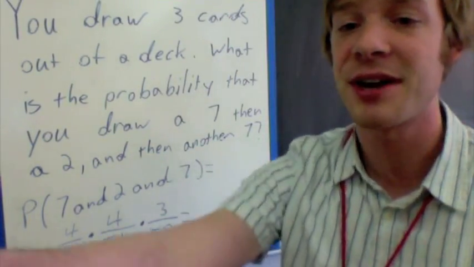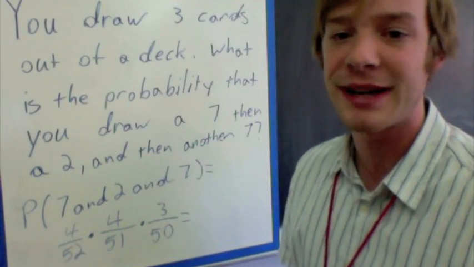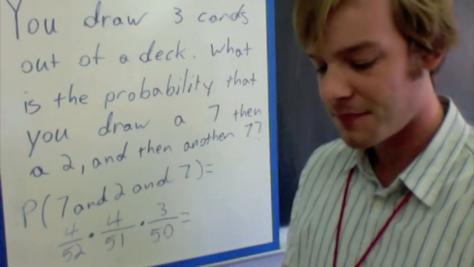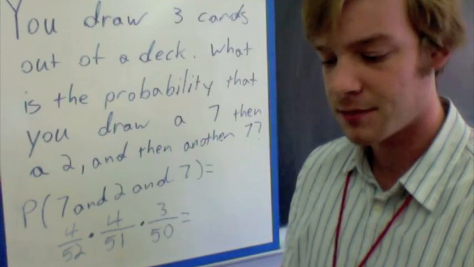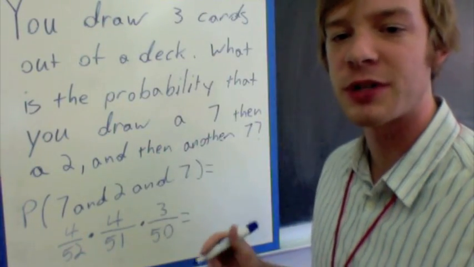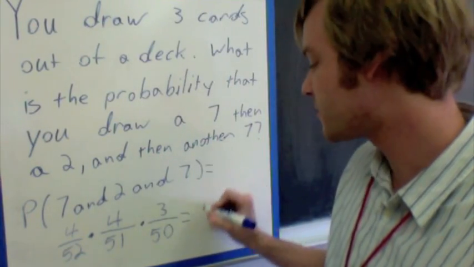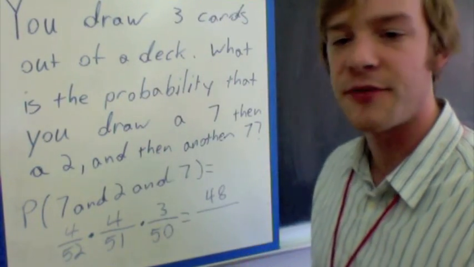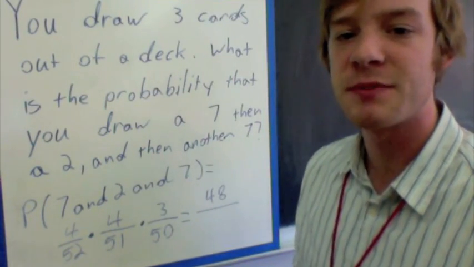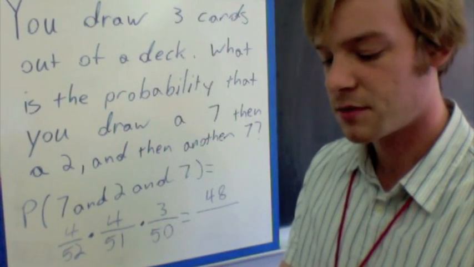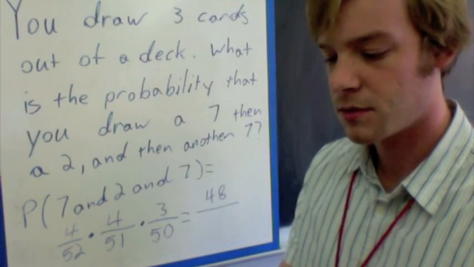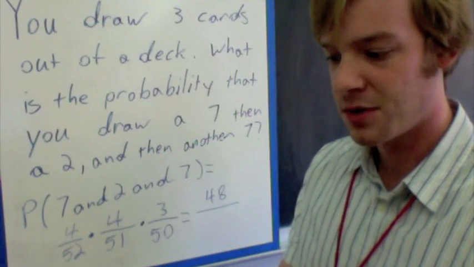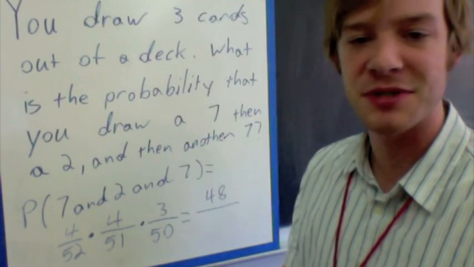It's a good idea to have a calculator here because I don't know about you, but I can't do this in my head. If I multiply 4 times 4 times 3, that's going to give me 48. And if I multiply 52 times 51 times 50, that's going to give me 132,600.